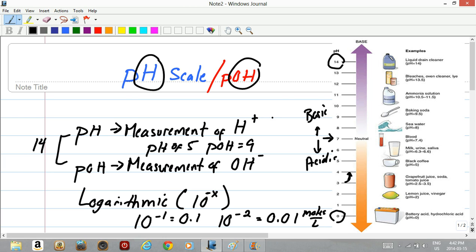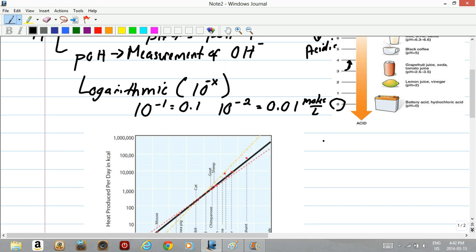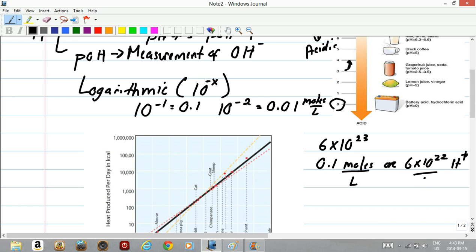Now, a mole is a very, very large number. A mole is roughly 6 times 10 to the 23 particles. So for a solution that has a pH of 1, you're looking at 0.1 moles per liter, or 6 times 10 to the 22 particles, or hydrogen ions, per liter.